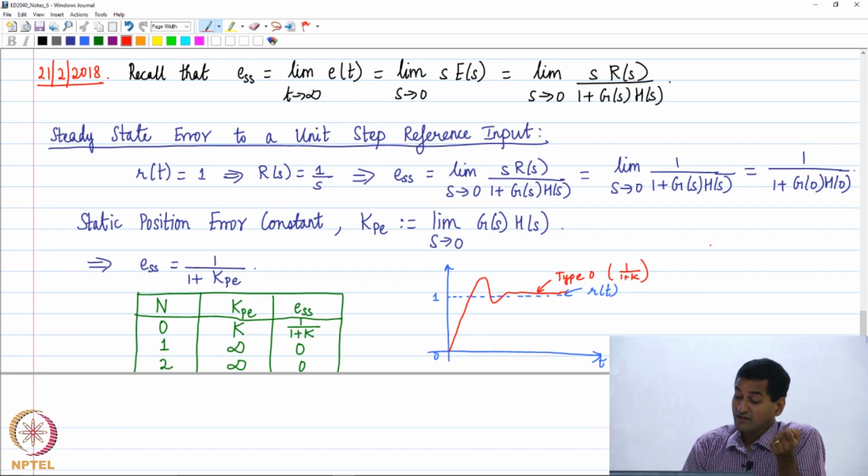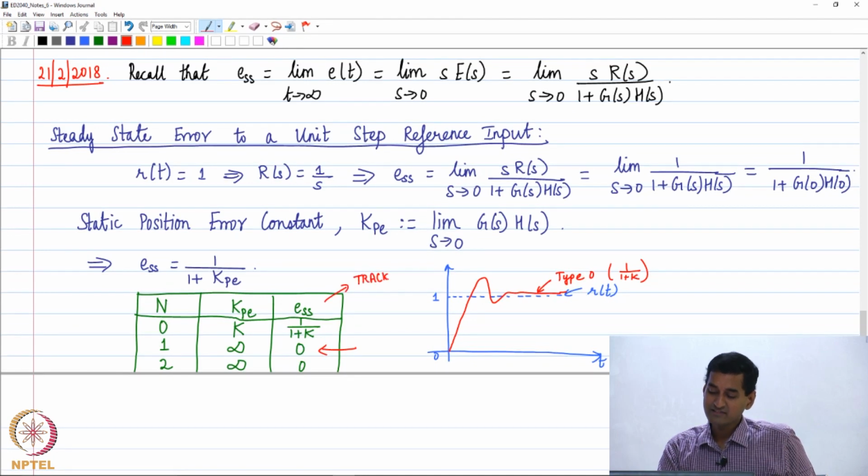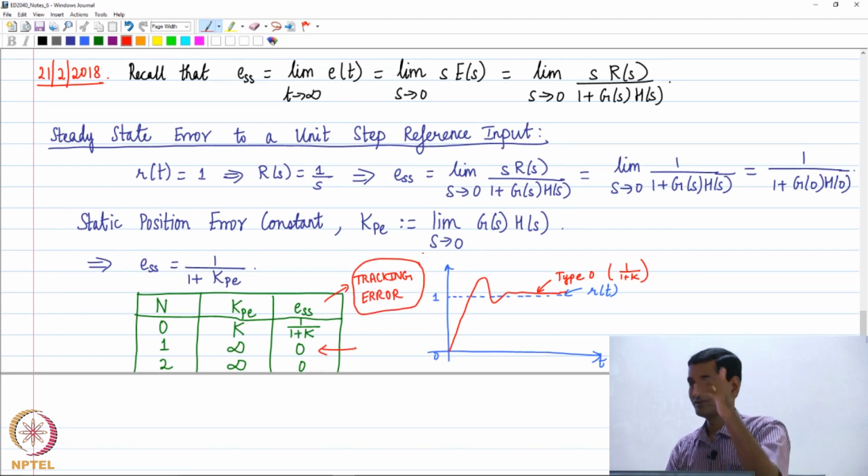On the other hand, if I have a type 1 system or higher, I can at least theoretically guarantee that the steady state error is going to go to 0 as time increases. This is indicative of what we call tracking error. That means I give a step input to track. The word tracking means following some desired signal or desired profile.